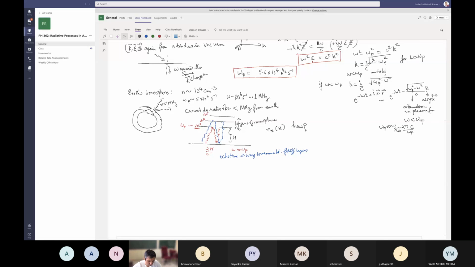Let's see. What about the phase velocity of these waves, right? So we have omega squared equals omega p squared plus c squared k squared, right? What is the phase velocity of these waves? Phase velocity is just omega by k hat, if you take it as a vector. This is the velocity with which the phases move.